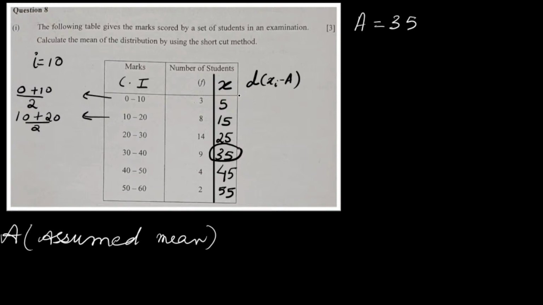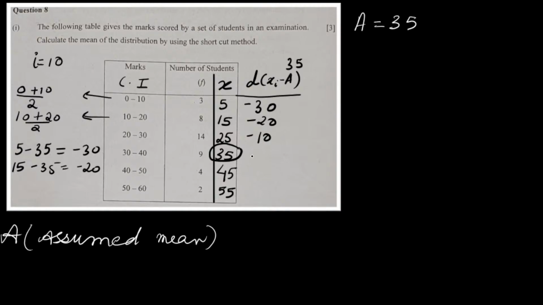Yes, so deviation we have to find. So how to find deviation? x minus a. So a I have assumed as 35. From all the x we have to subtract this assumed mean. So first one is 5 minus 35, which is minus 30. Then 15 minus 35 is minus 20. 25 minus 35 is minus 10.